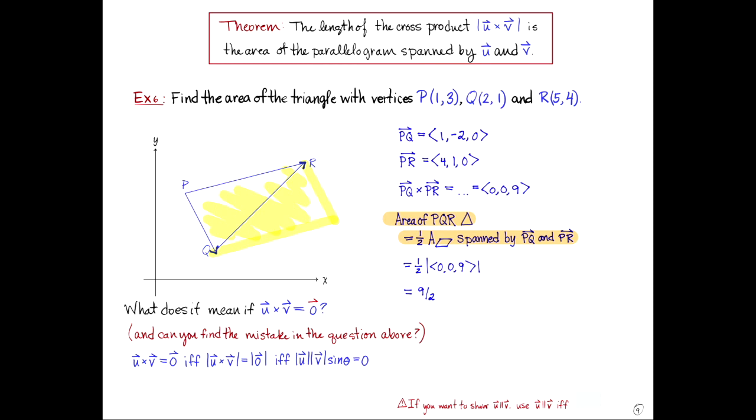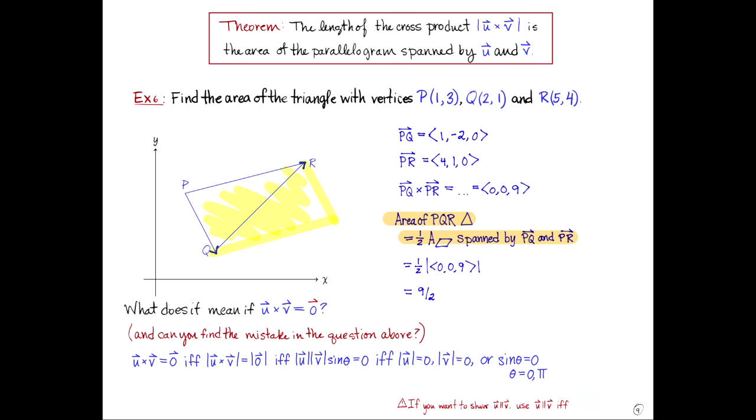This is true if and only if the magnitude of U is equal to 0, the magnitude of V is equal to 0, or sine theta is equal to 0. Solving sine theta equal to 0, that means that theta has to either be equal to 0 or to pi.